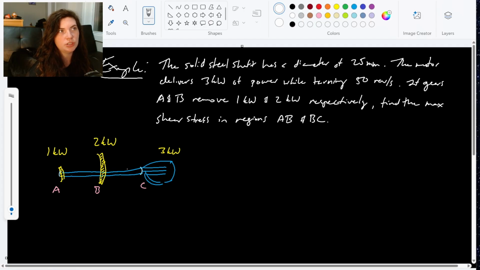So the maximum shear stress in the shaft in these two regions, two different shear stresses that we're looking for. So go ahead and take a moment and think about everything we've learned, everything we've discussed in the last video about torque and in this video about power, how you might go about solving this. Go ahead and try it for yourself.